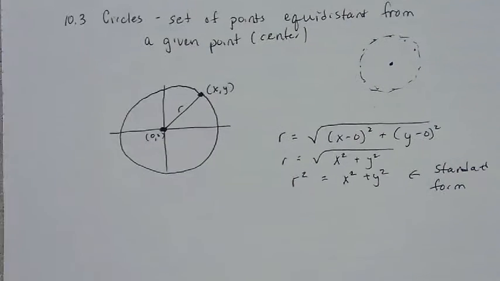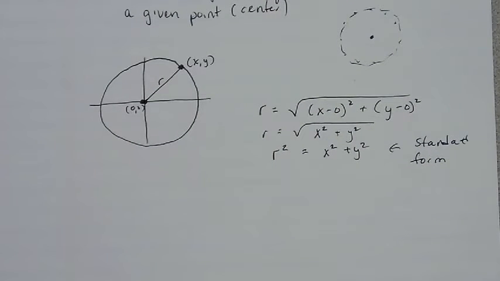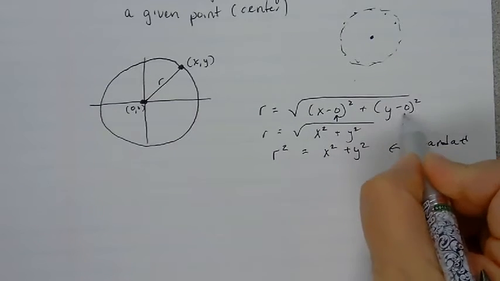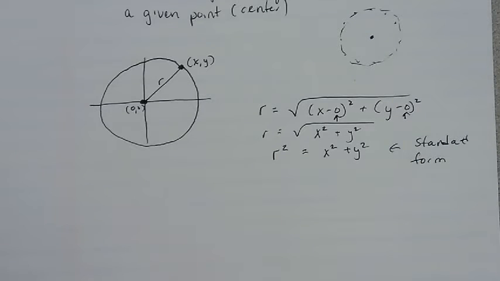So if the center is at the origin, the standard form for a circle would look like this. However, we're not always going to have the center at the origin, so we just use 0 in this place and this place because that's where the origin was.